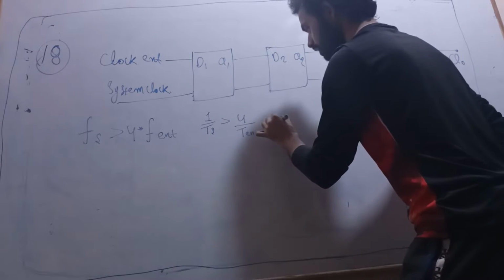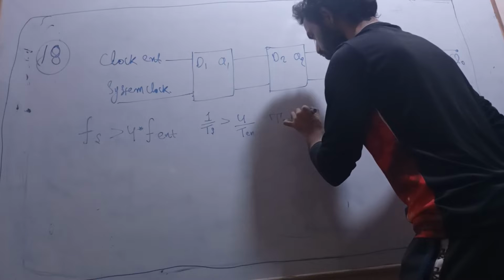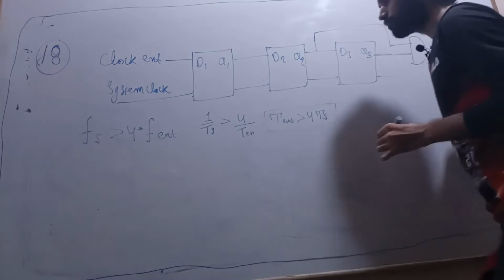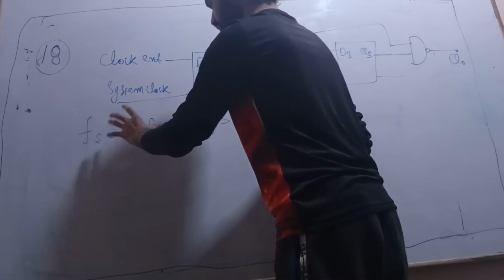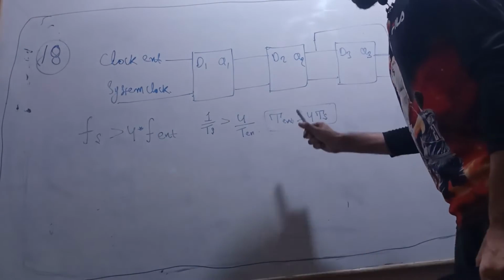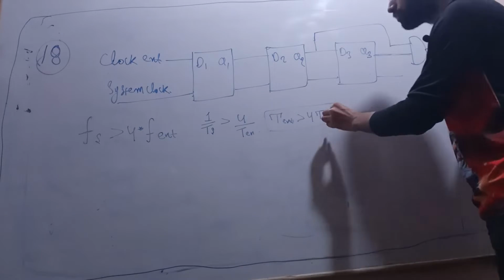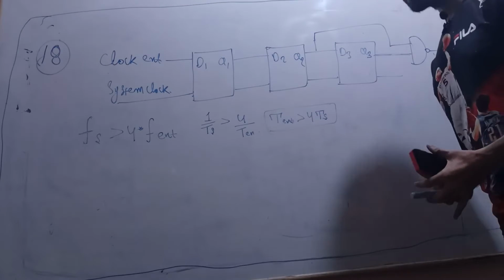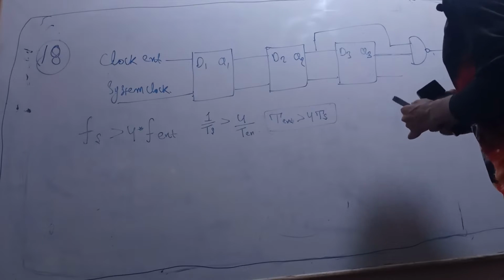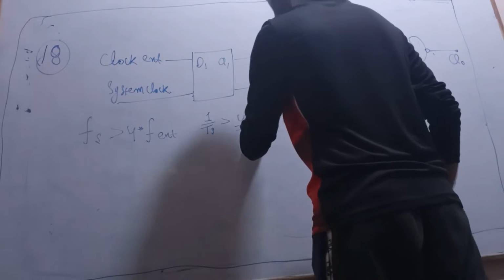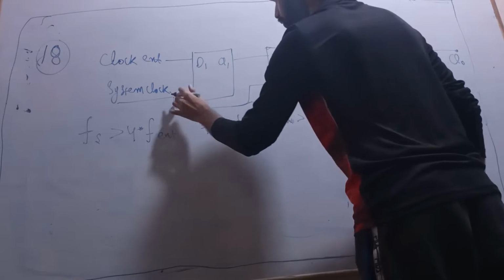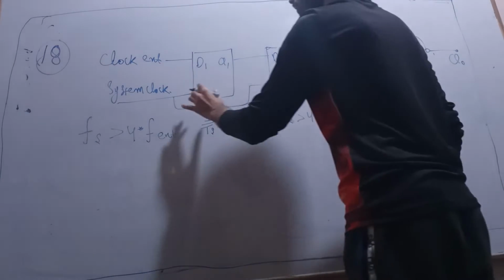So from here we can say that T external is greater than 4 times the system time period. The system clock frequency is 4 times the external clock frequency, so the time period of the system clock is 1 by 4 of the external clock period. The clock is applied simultaneously to all the D latch circuits.